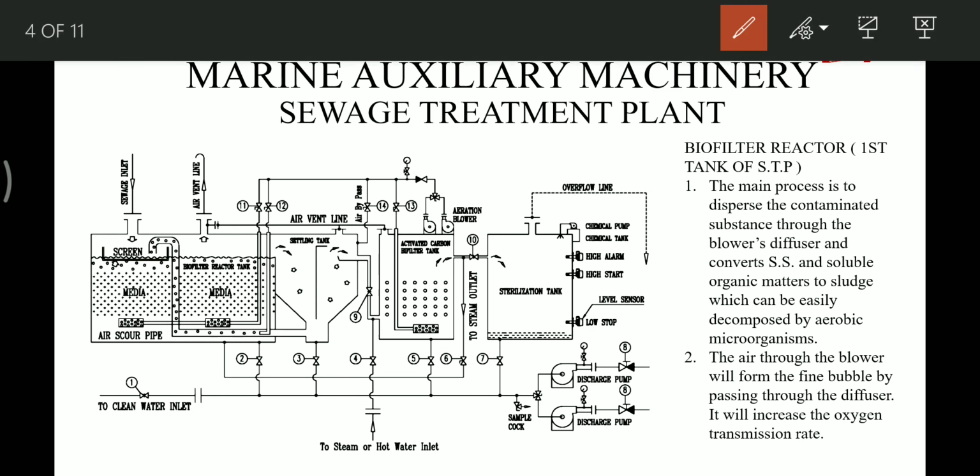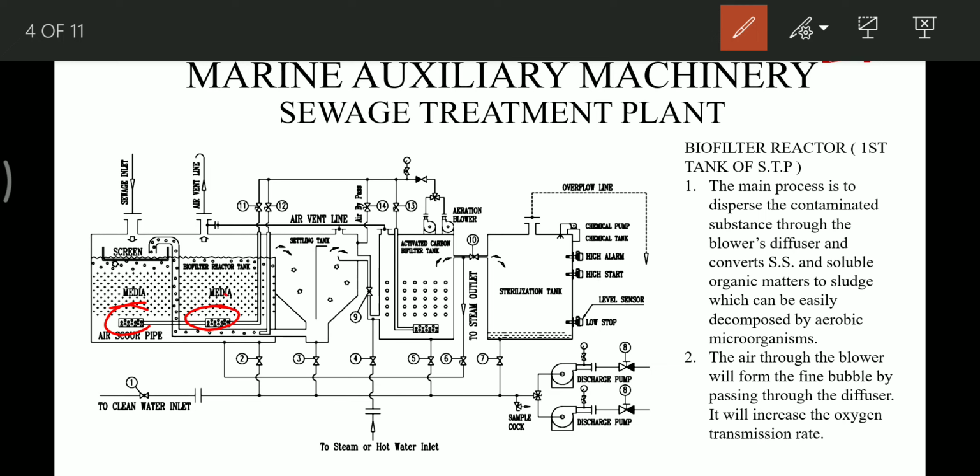Now this biofilter reactor tank is basically provided with air through the blower by fine air bubbles, as you can see with the help of these diffusers.